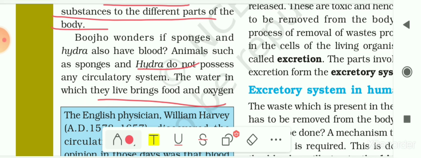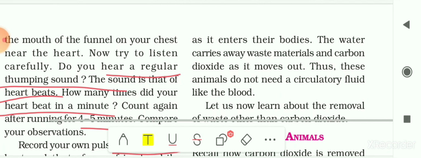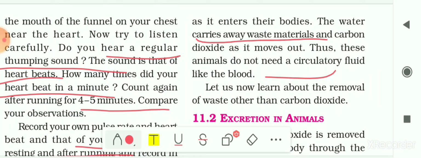The water in which they live brings food and oxygen as it enters their body. Then the water carries away waste material and carbon dioxide as it moves out.